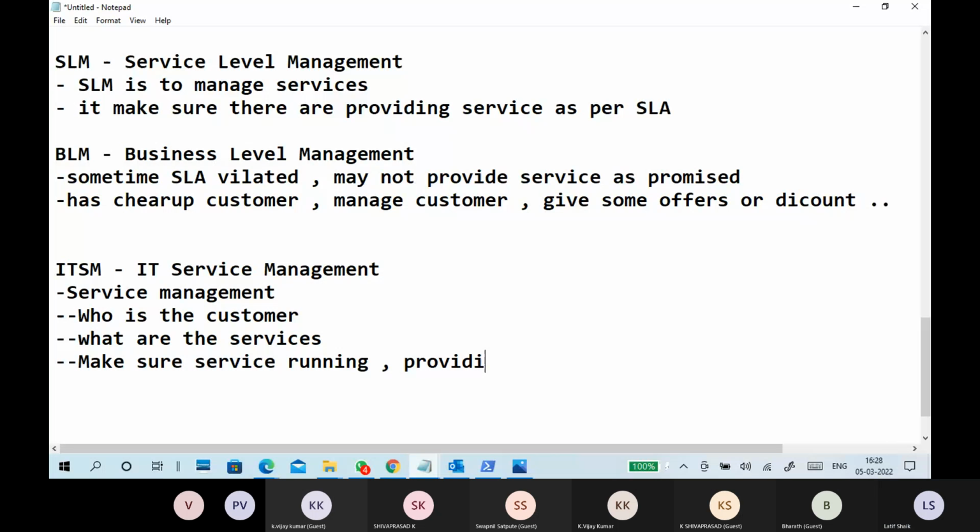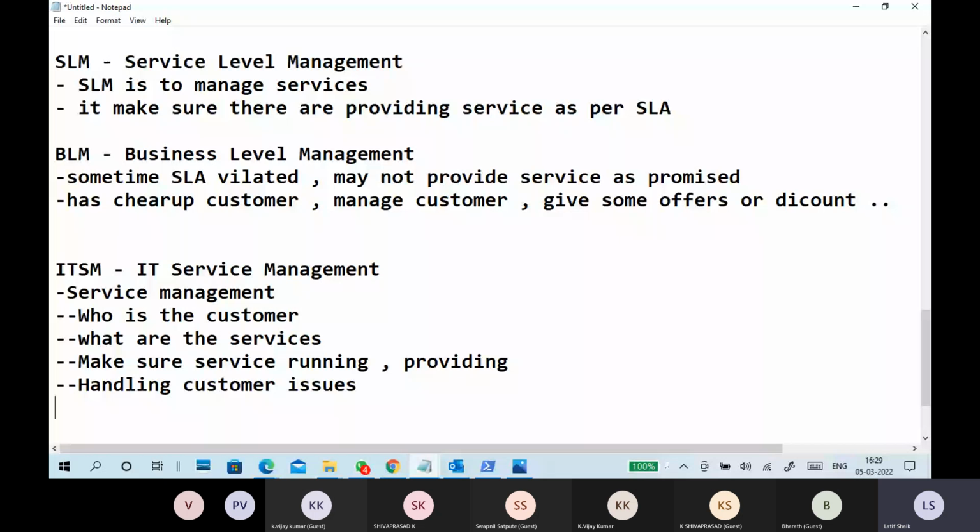Make sure the service is running or being provided, and handle customer issues.